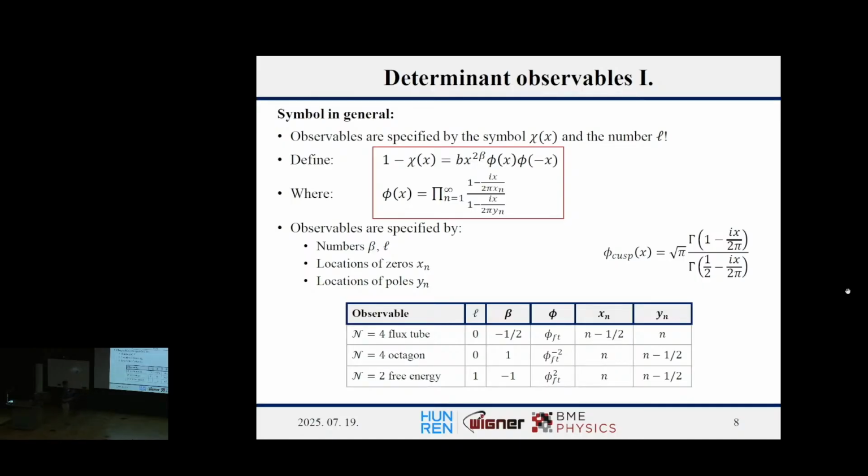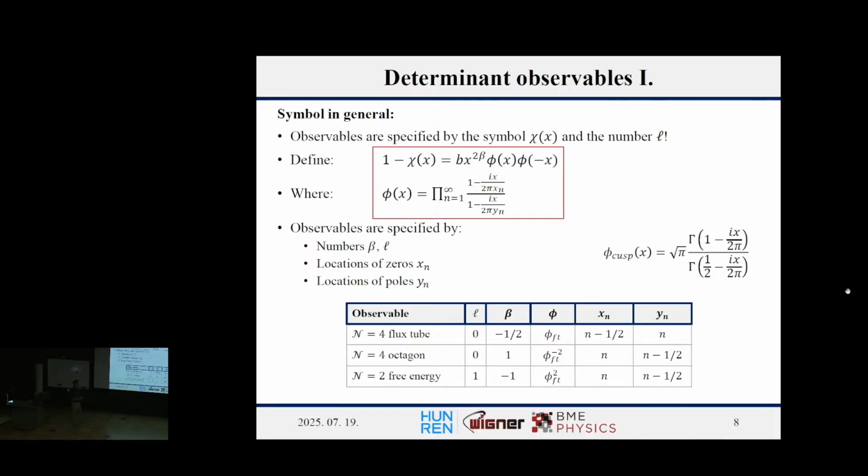You can also introduce the small x behavior of this function and so on. You can break down the whole problem into these kinds of parameters, not functions now, only parameters and numbers.